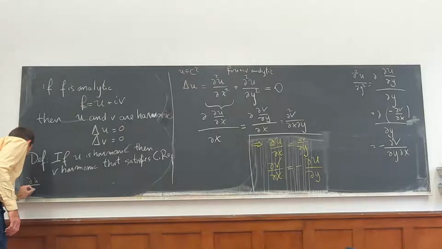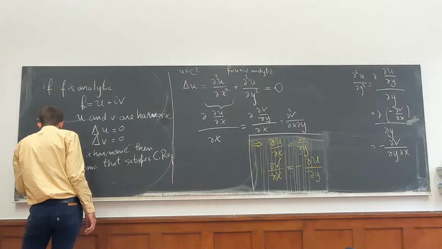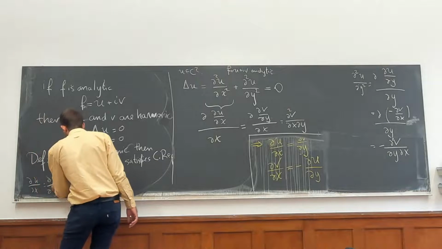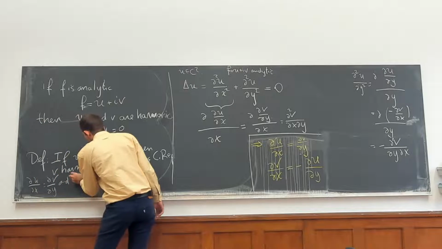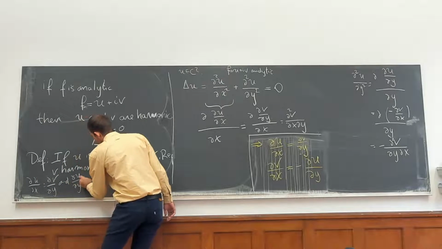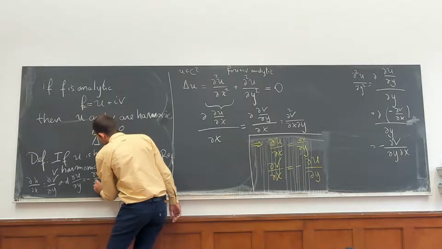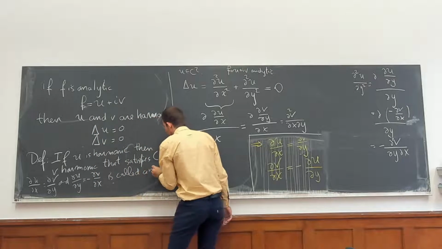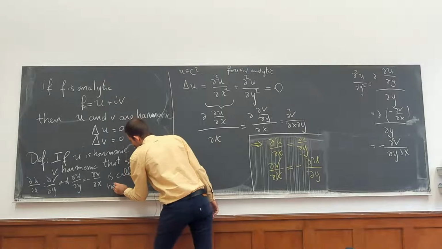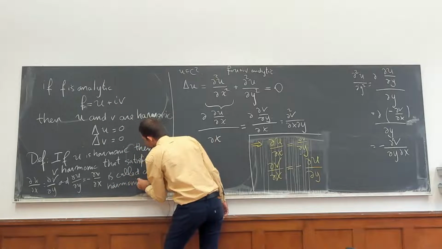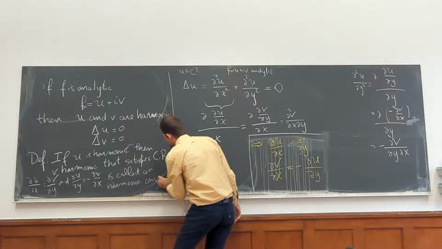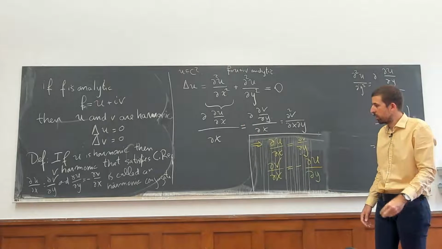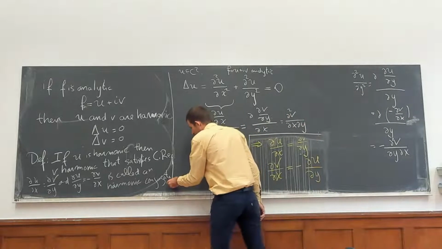The partial derivative of u with respect to x is equal to the partial derivative of v with respect to y, and the partial derivative of u with respect to y is equal to minus the partial derivative of v with respect to x, is called a harmonic conjugate. Again, there's a whole theory of harmonic conjugates that one can build.